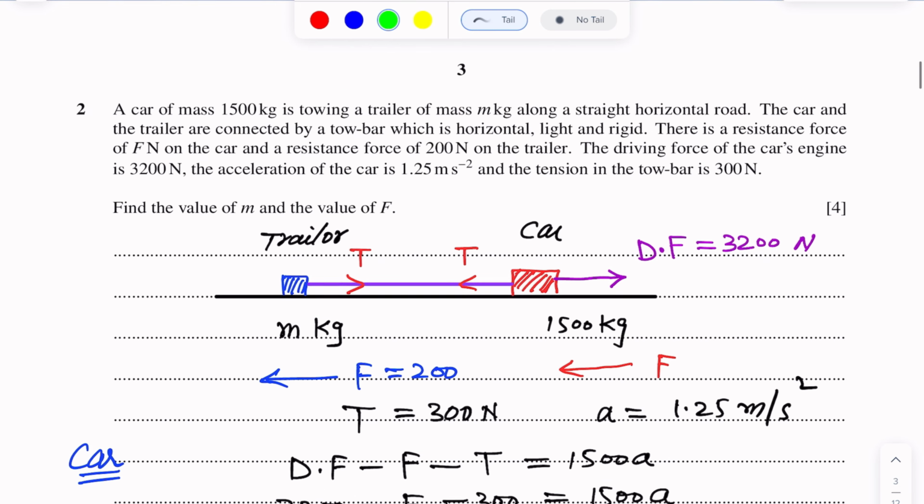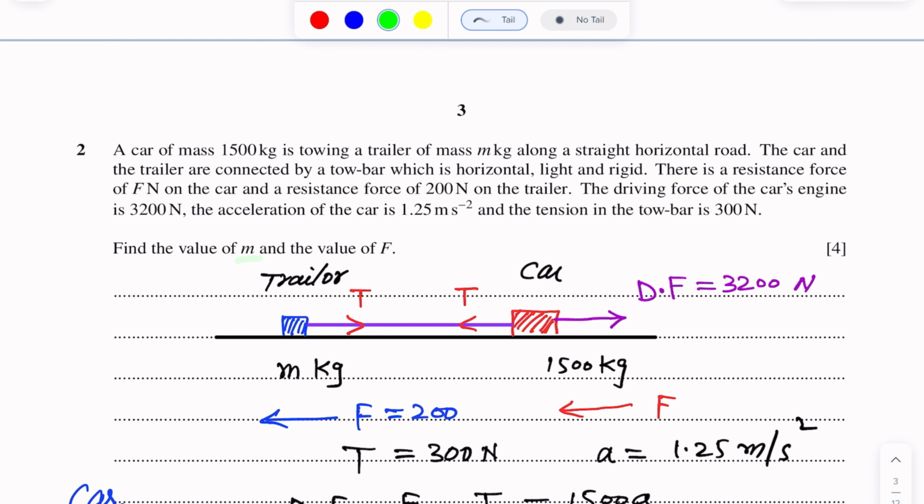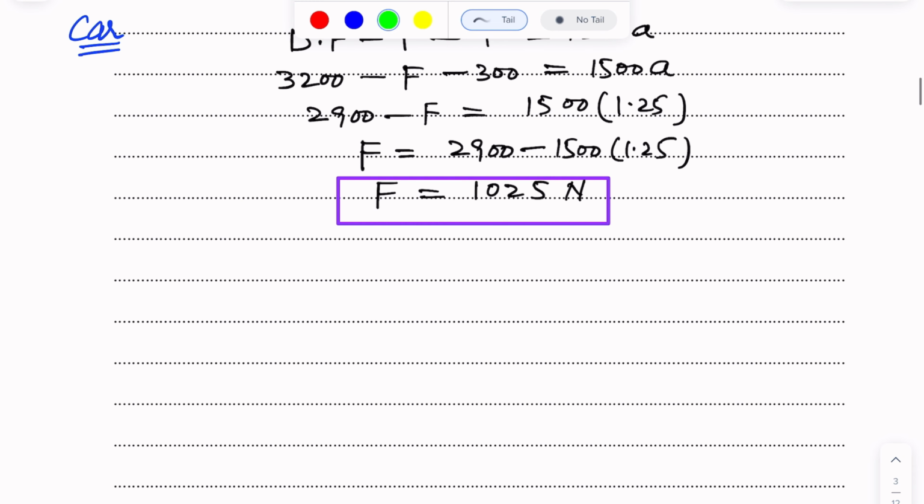And we also have to find the value of m, that is the mass of the trailer. Now we are considering the motion of the trailer. Again we use Newton's second law of motion.